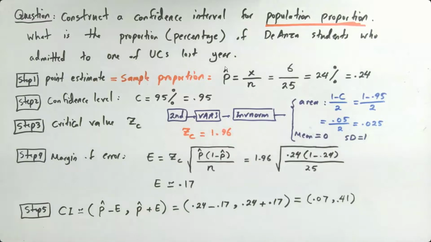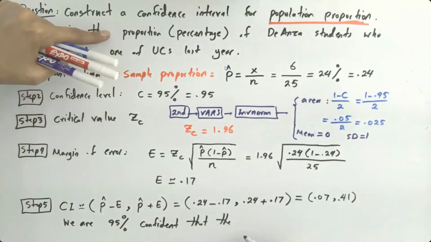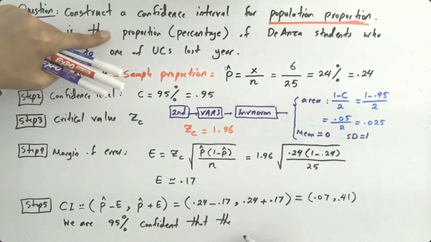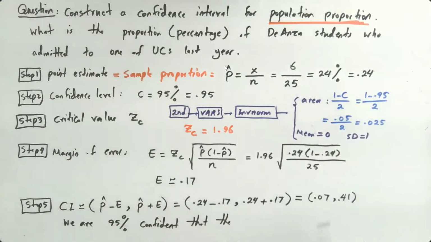So what is our conclusion? Our conclusion is that, well, we are 95% confident that the population proportion, the percentage of the students who got admitted to UCs last year, is within 7% to 41%.